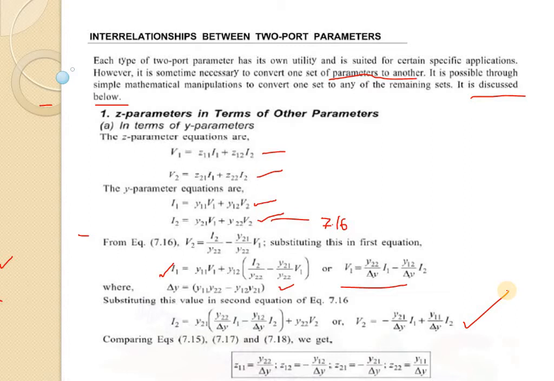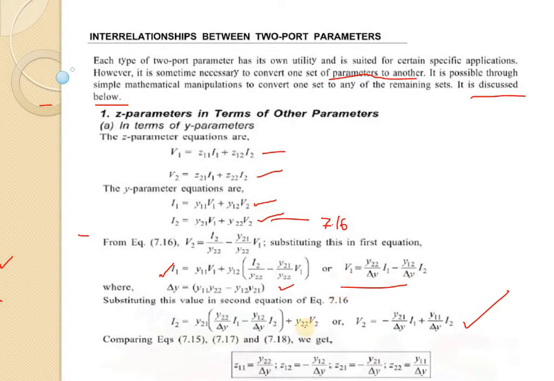So comparing these equations with the Z parameters equation, we have got that Z11 equals Y22 by del Y and Z12 equals minus Y12 by del Y.